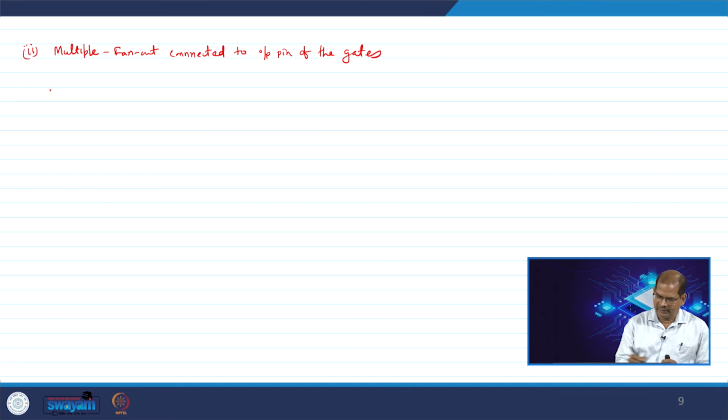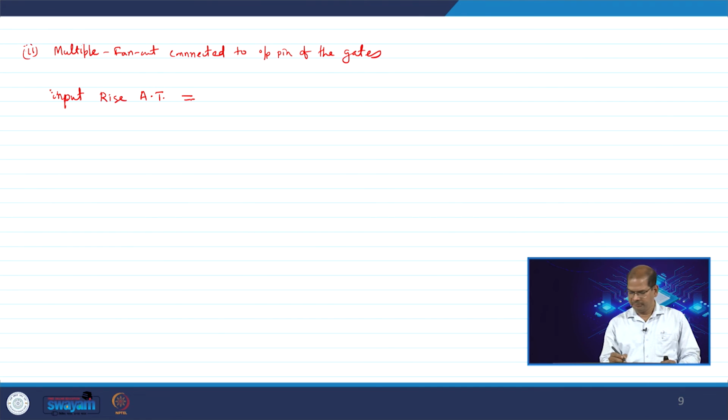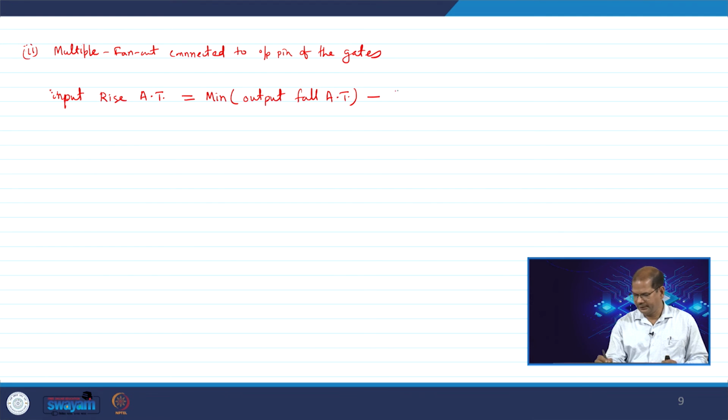So, here the formula will be: input rise arrival time is equal to the minimum of output fall arrival time minus fall delay.